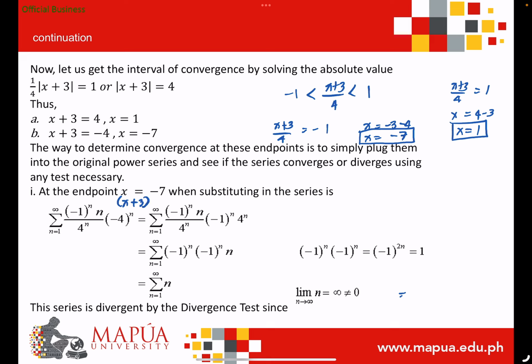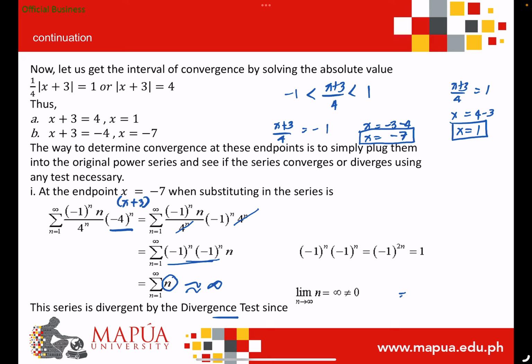So -7 plus 3 is (-4)^n. We can cancel out 4^n, and then (-1)^n times (-1)^n, so that's (+1)^n times n. This is approaching infinity, so it is divergent.